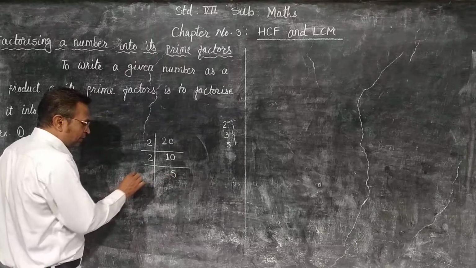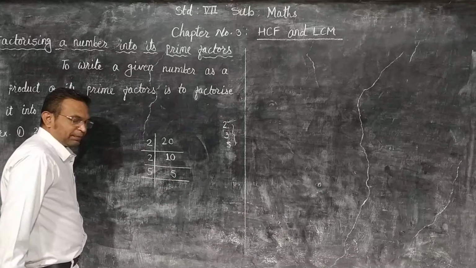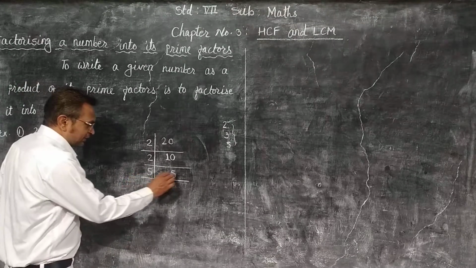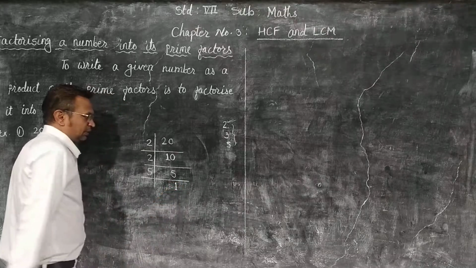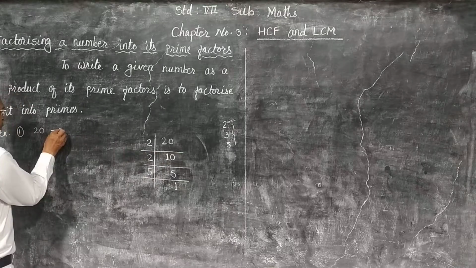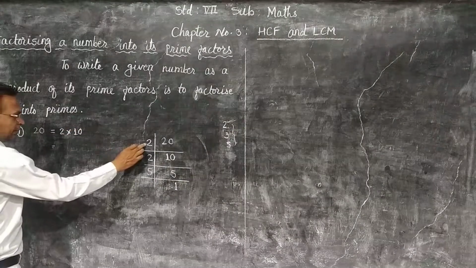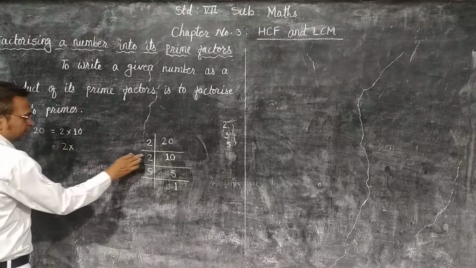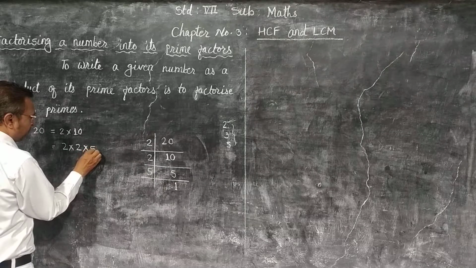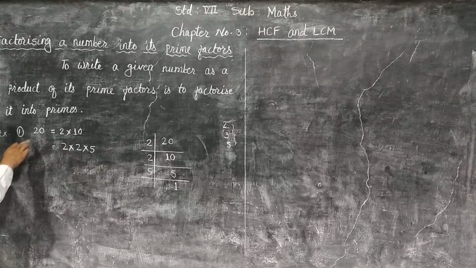Now here is 5. 5 is a prime number, because we have to write in the multiplication form of prime numbers. 5 1s are 5. Then we can write: 20 is 2 into 10, then 2 into 2 into 5. Now verify. 5 2s are 10, 10 2s are 20.